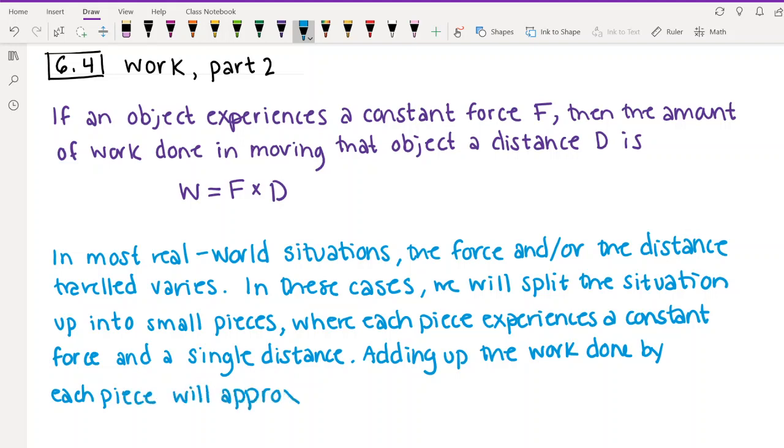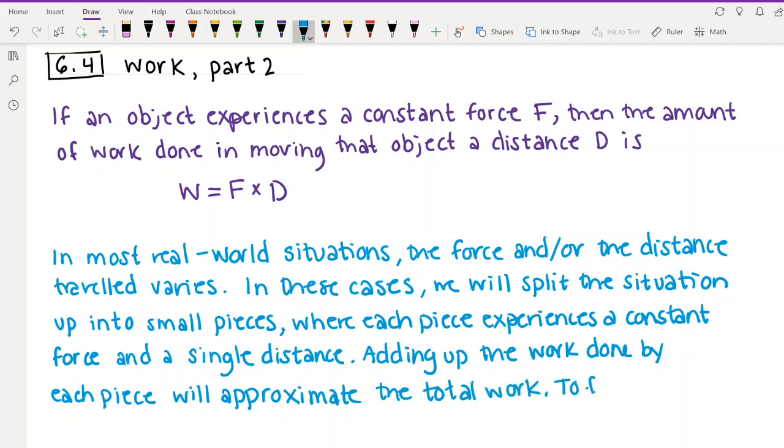And so why is it an approximation? Basically because we're making some assumptions. We'll see this in the examples, but if you're breaking something into pieces, it's not necessarily going to be the case that the entire piece is actually moving the same distance. It's like when we used slices to approximate volumes, right? We're simplifying things in order to approximate. So we're not going to get the exact work done. Adding up the work done by each piece will approximate the total work.